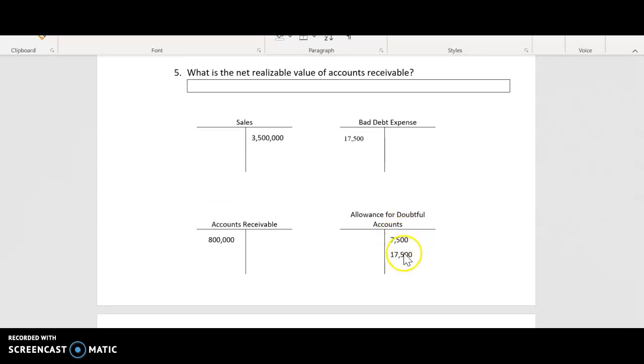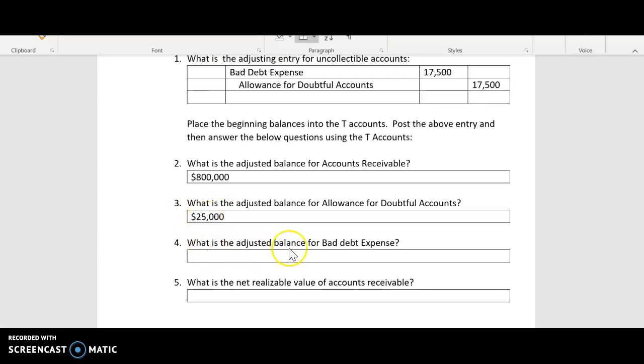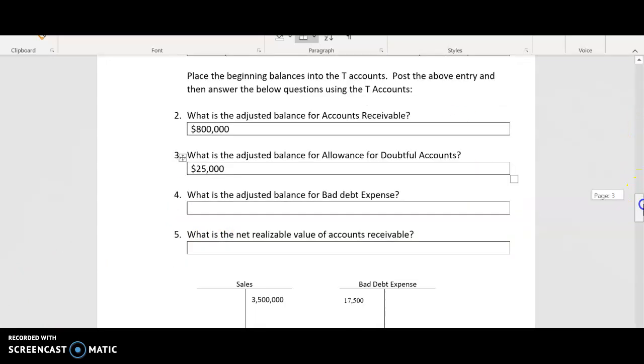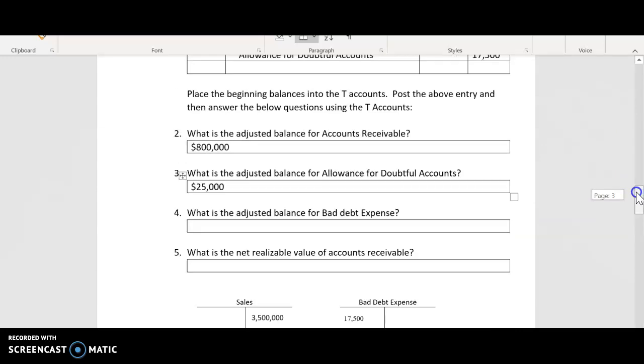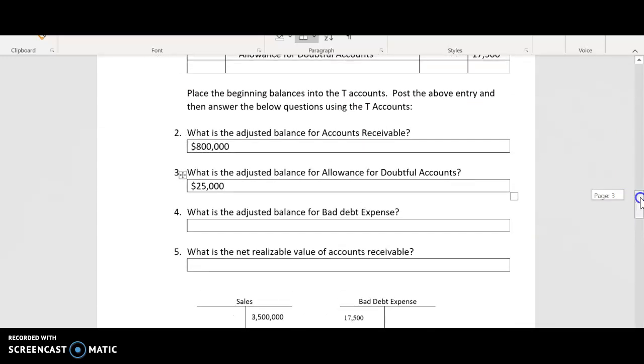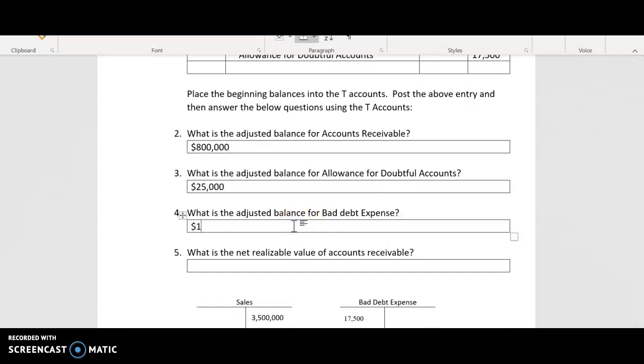You would add these two numbers together, so 7,500 plus 17,500, which would be 25,000. So 25,000 there. What is the adjusted balance for bad debt expense? We'll look at bad debt expense, and it is 17,500. And then what is the net realizable value of accounts receivable?